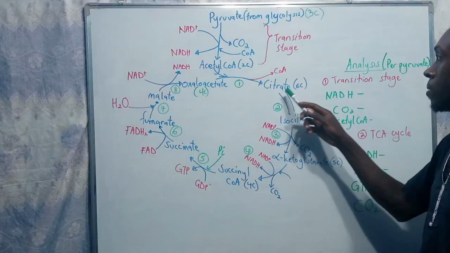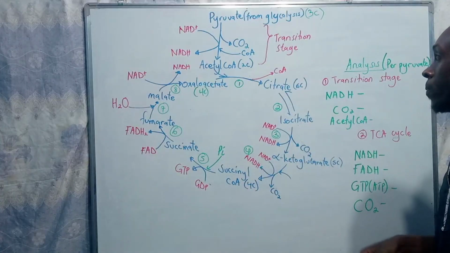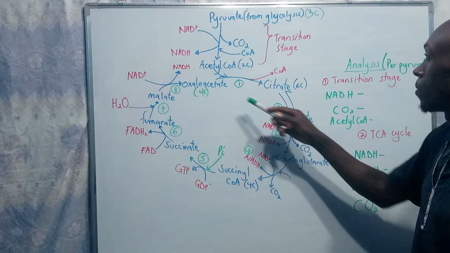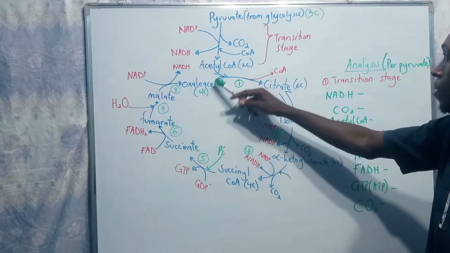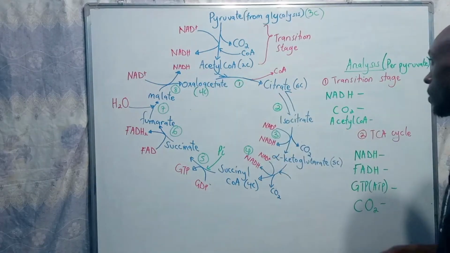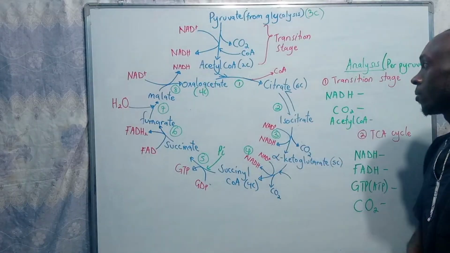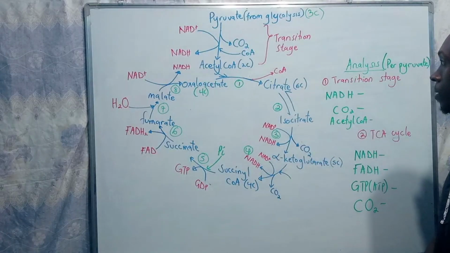So the citrate is a 6 carbon molecule, which is formed from oxaloacetate in combination with acetyl coenzyme A.